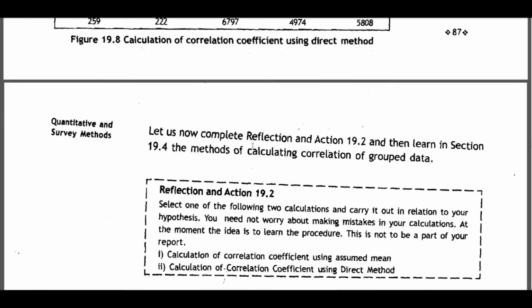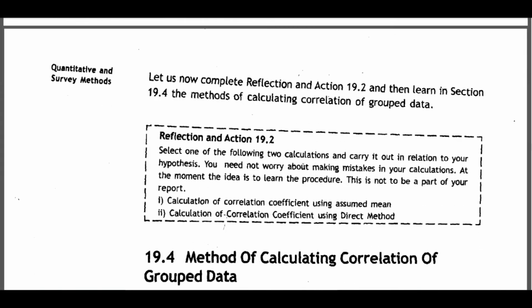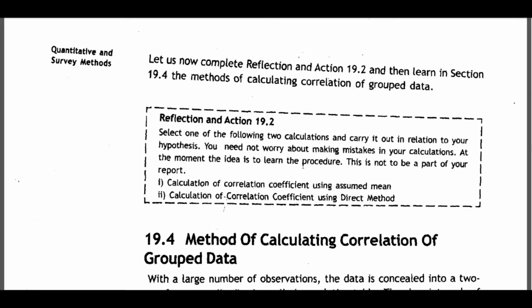Let us now complete Reflection and Action 19.2 and then learn in section 19.4 the method of calculating correlation of group data. Reflection and Action 19.2 is to select one of the following two calculations and carry it out in relation to your hypothesis.